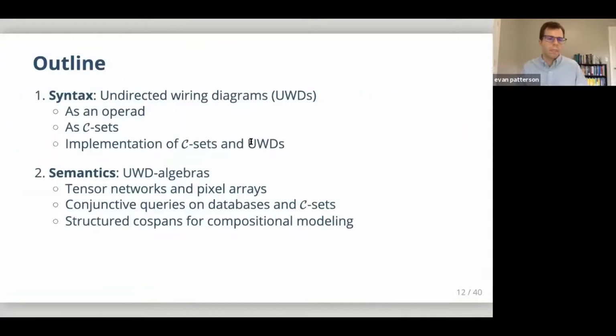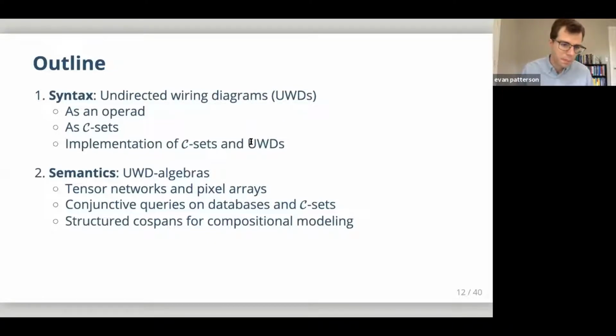Okay, so that was the introduction. This is an outline of what we're going to cover in more detail in the rest of the talk. First, we're going to talk about undirected wiring diagrams themselves as a syntax. We're going to look at their operad structure, see how they can be seen as C-sets, and then see how this leads to their implementation in CatLab.